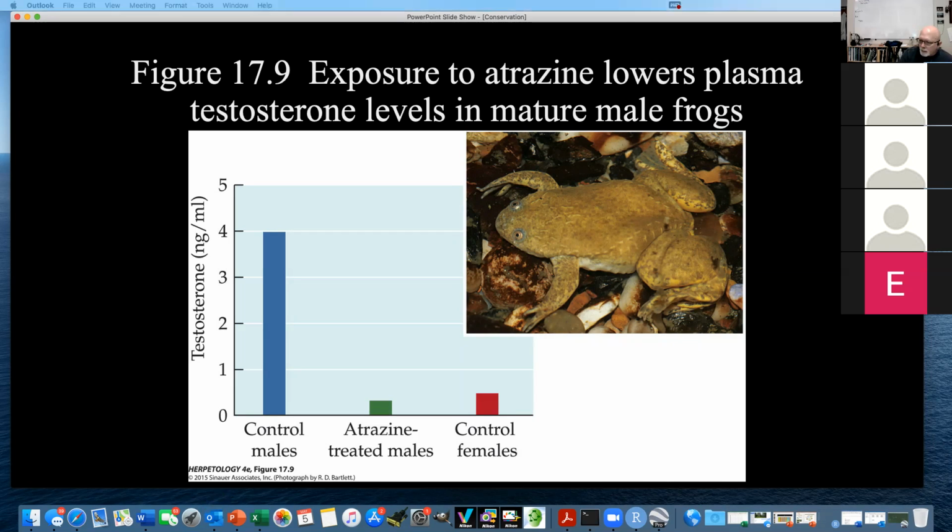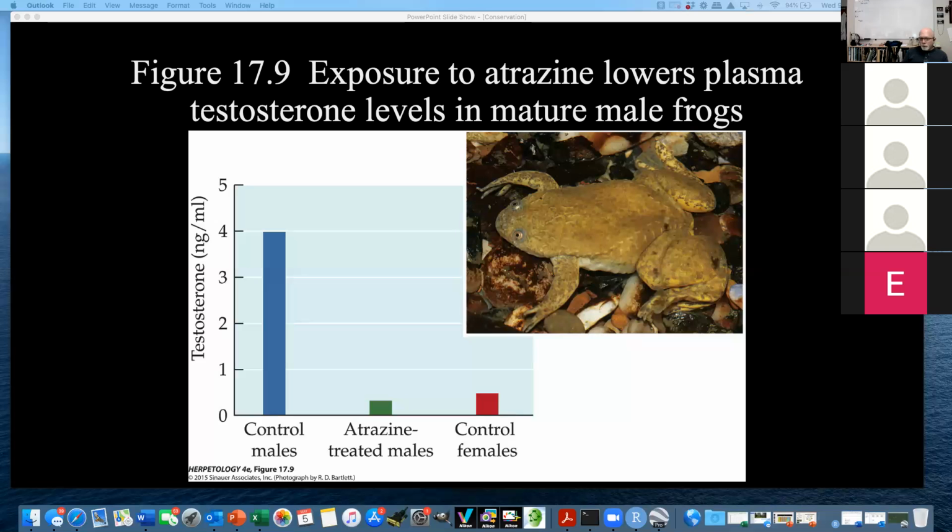And in the case of atrazine, it essentially alters hormone production such that individuals that are genotypically male end up not growing into males because they lack the hormonal cues that prompt development into males. And so you have these frogs that are genotypically male that end up growing up to be females.